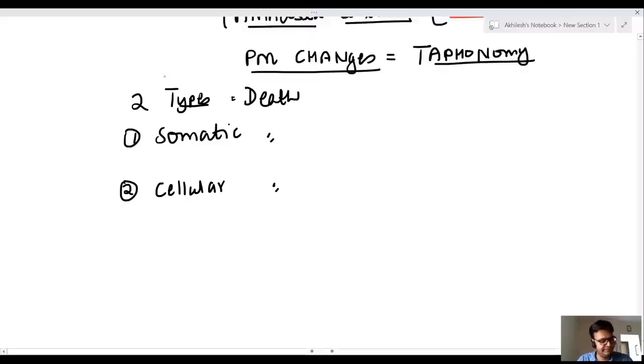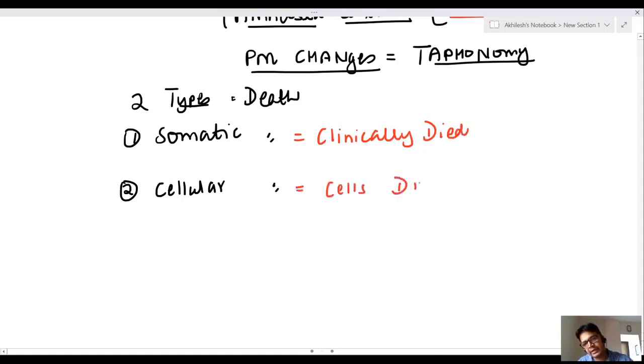Sir, it's very simple. A person is clinically dead. If you are clinically dead, that is a somatic death. But if your cells die, that is a cellular death. Cellular death is also known as molecular death.